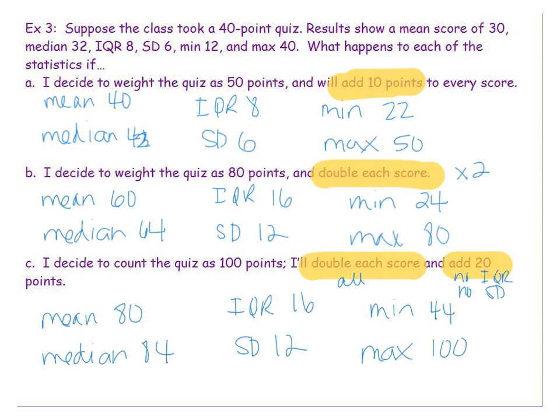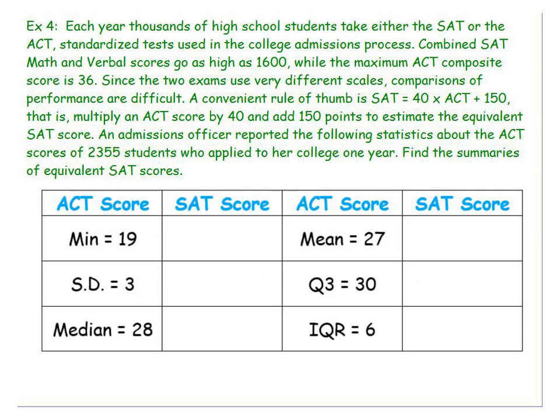Let's look at another one similar to this. Each year, thousands of high school students take either the SAT or the ACT standardized tests used in the college admissions process. Combined SAT, math, and verbal scores go as high as 1,600, while the maximum ACT composite score is only 36. Since the two exams use very different scales, comparisons of performance are difficult.